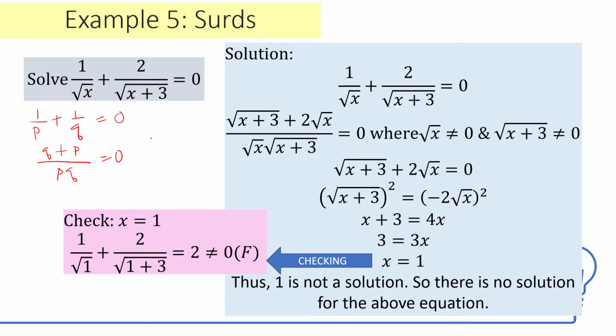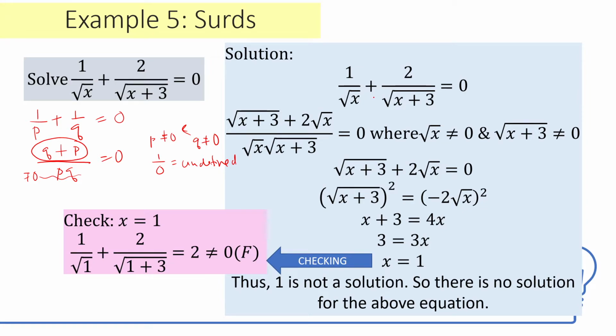Okay, and the first condition is our p cannot be 0 and our q cannot be 0. Why? Because 1 over 0 is undefined. Okay, so that's why p and q cannot be 0. And since pq cannot be 0, this one cannot be 0, so it means that my numerator must be equal to 0. If not, this equation is impossible to become 0.